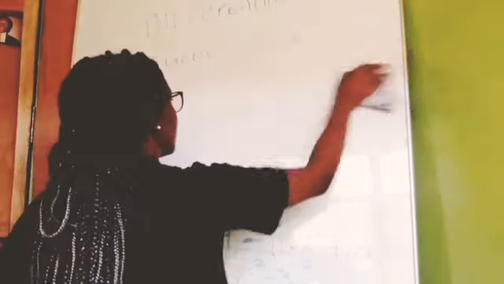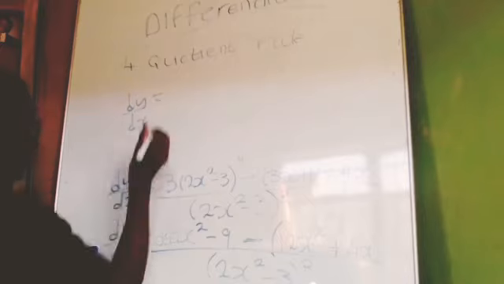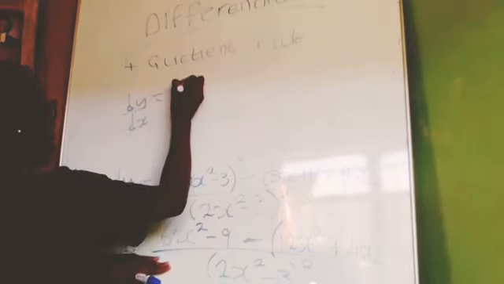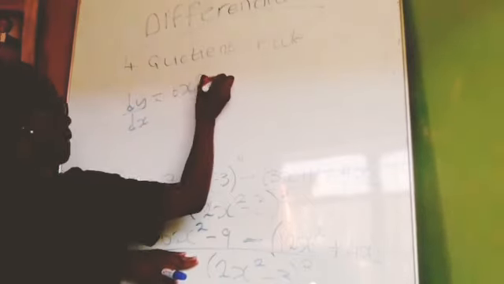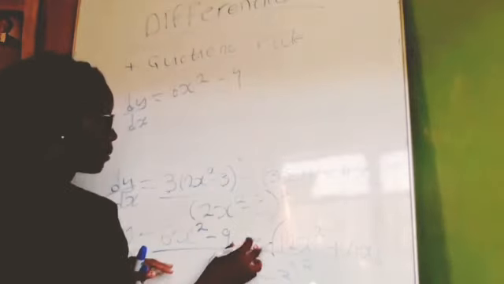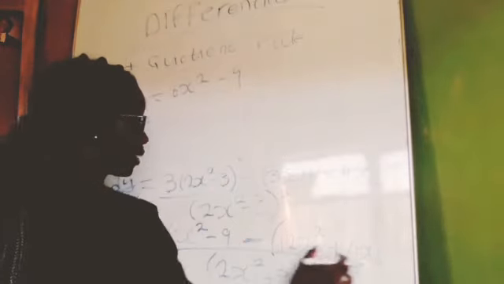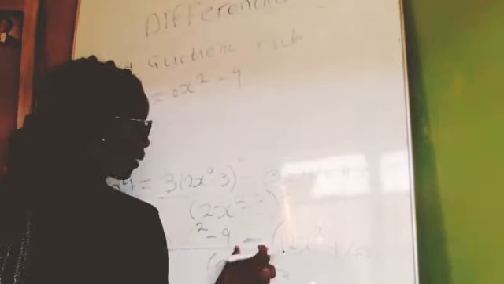Okay. So then dy dx is equal to, we have 6x squared minus 9. Then we have a minus sign here, so this sign will multiply with everything. So minus times 12x squared will be minus 12x squared.